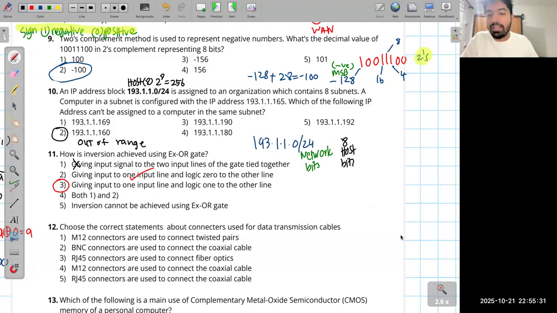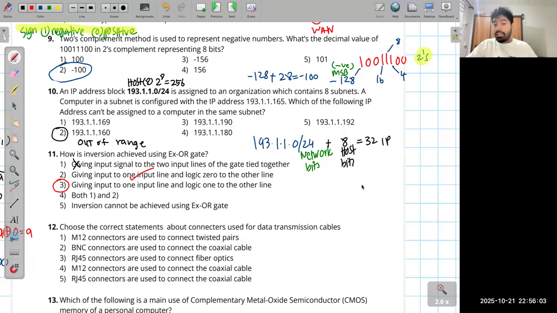Okay, 8 bits. 24 plus 8 is 32. An IP address should have 32 bits.